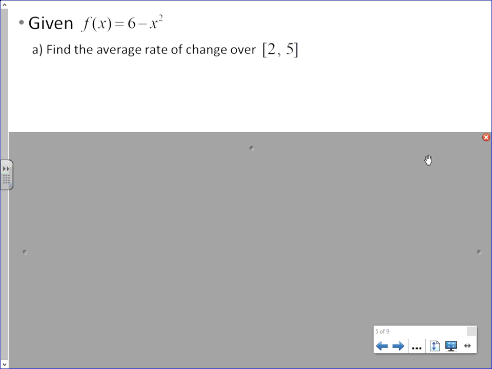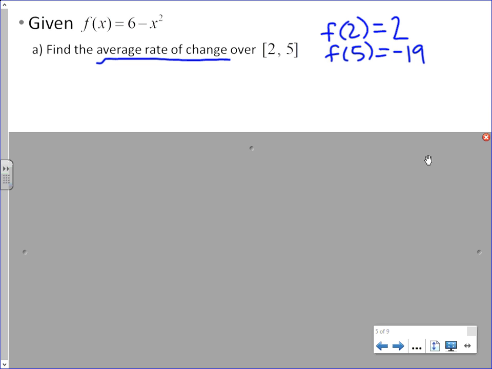Okay, so if we're going to find the average rate of change, what pieces of information do we need? We need 2 points, so we can find the slope, right? Well, we have x is 2 and x is 5. We need the y coordinate so we can find slope, change in y over change in x. So, f of 2, we already found that to be 2, didn't we? On the previous slide. f of 5 is negative 19.